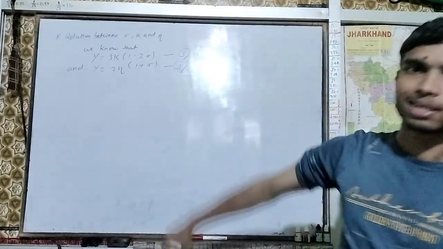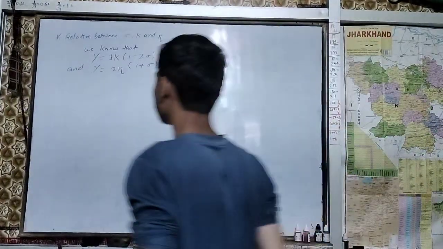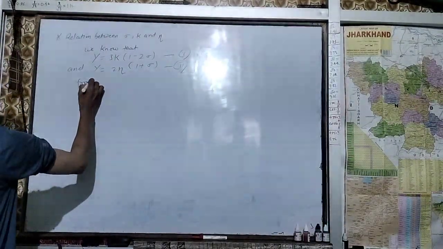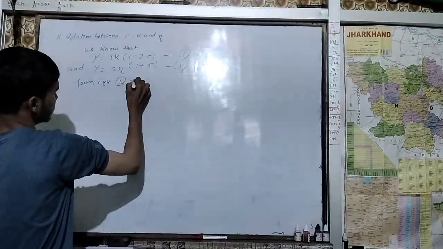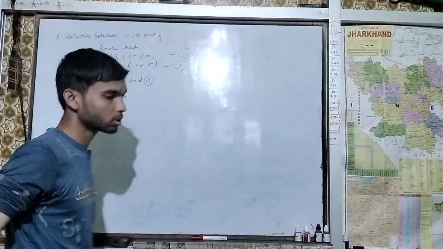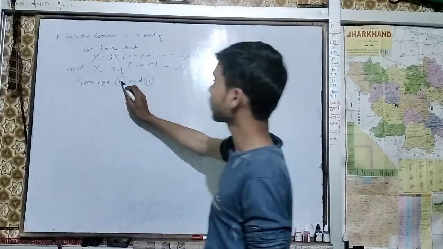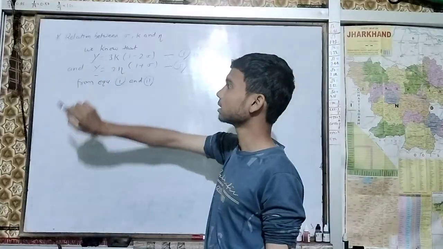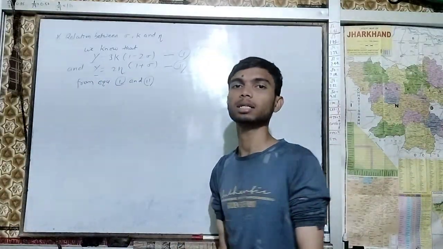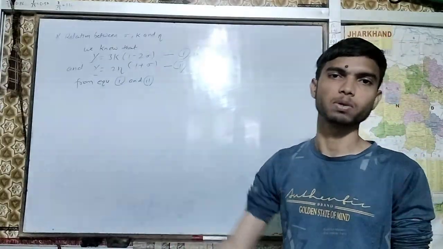Now this is one equation and the second equation is in front of you. From equations 1 and 2, look, on one side both are the same, Young's modulus and Young's modulus, so both will cancel each other.